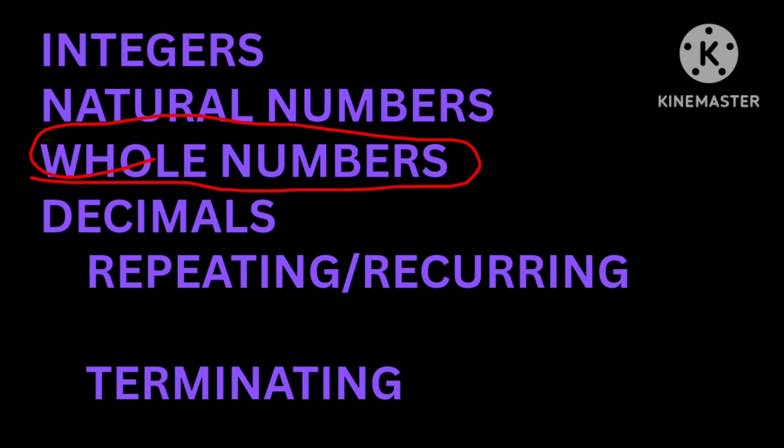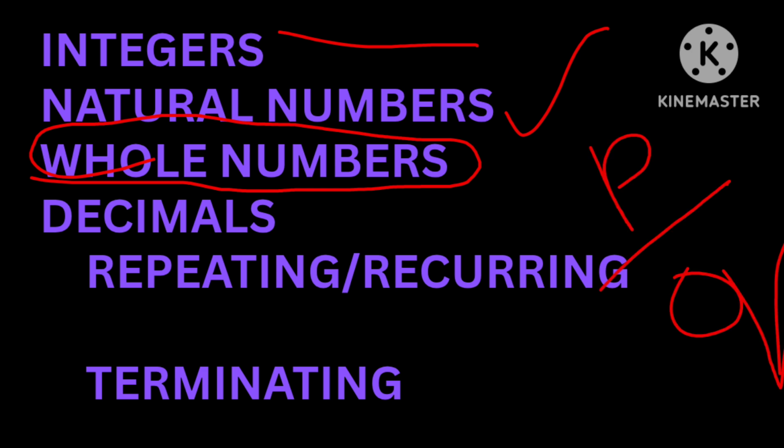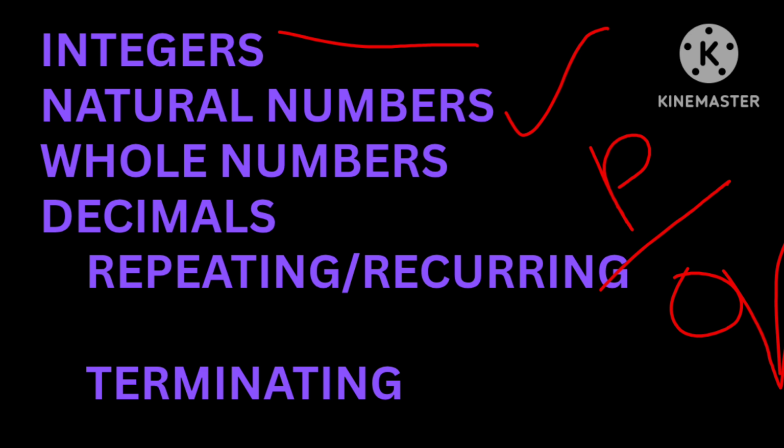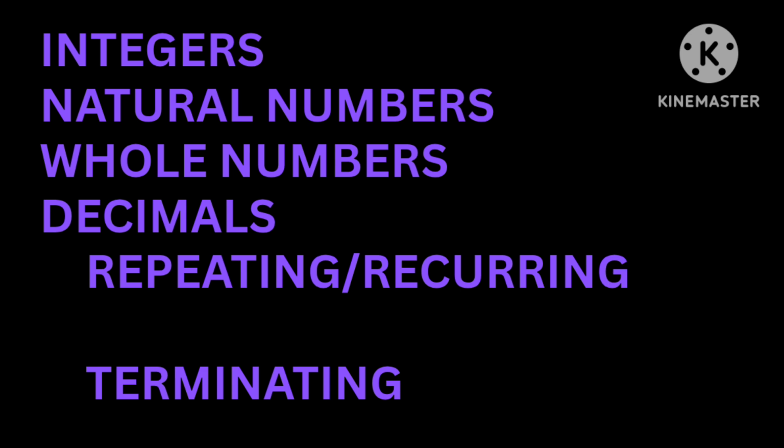So whole numbers are rational numbers. Natural numbers are rational numbers. All integers are rational numbers. Because these numbers can be converted in the form of P by Q, and P and Q both will be integers here and Q is not equal to 0. So these are rational numbers.